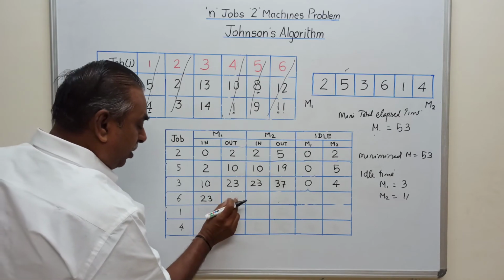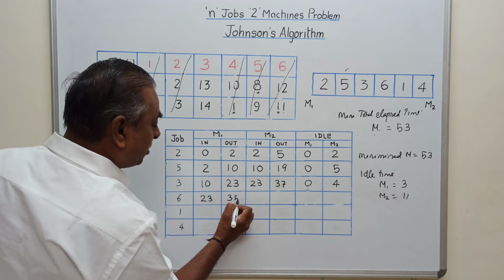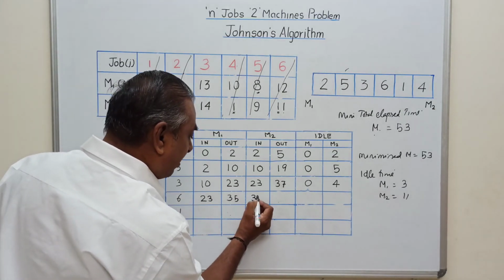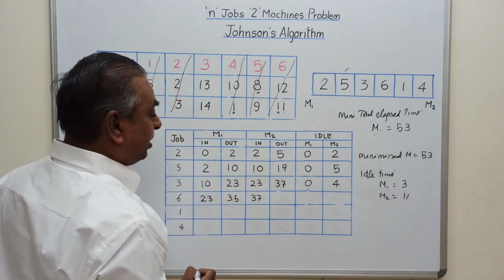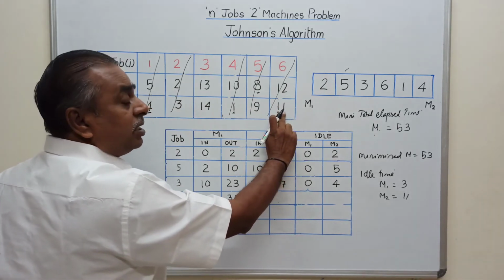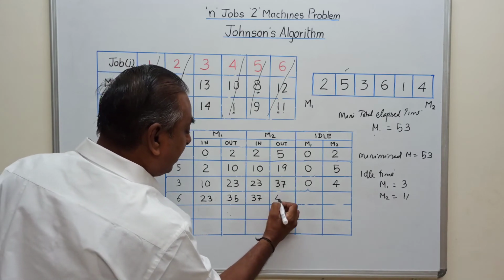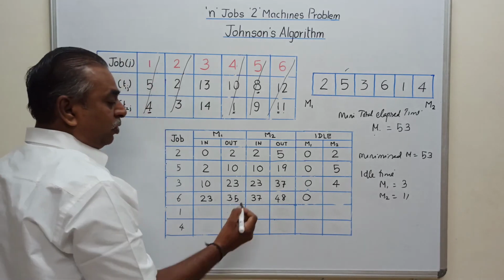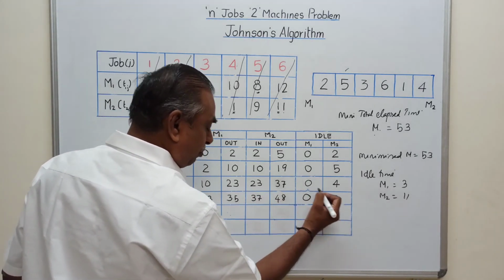So it will be coming out at 35 hours from machine M1, and it can enter M2 only at 37 hours because only at 37 hours is machine M2 free. So the sixth job has 11 hours in machine M2. So 37 plus 11 is 48 hours. The idle time of machine M1 is 0. Idle time of machine M2, that is 37 minus 37, is also 0.